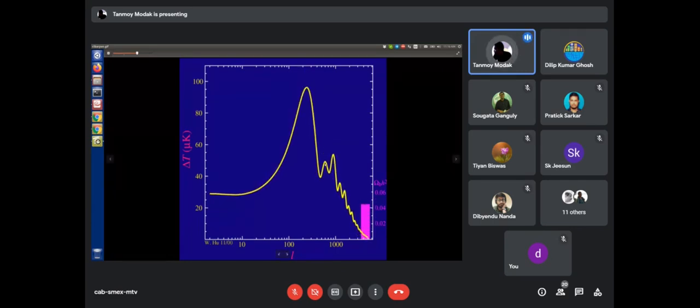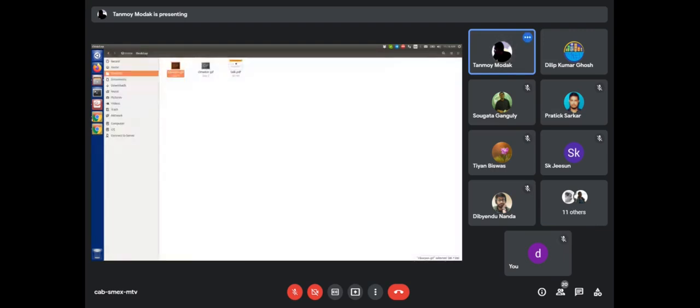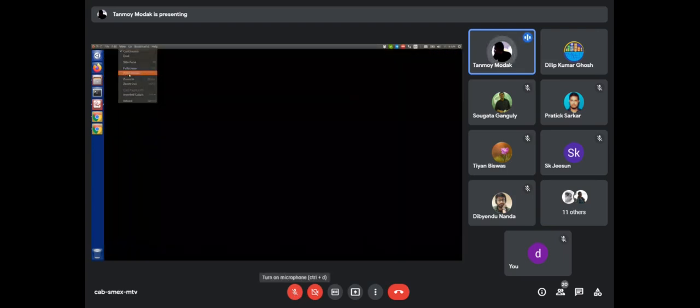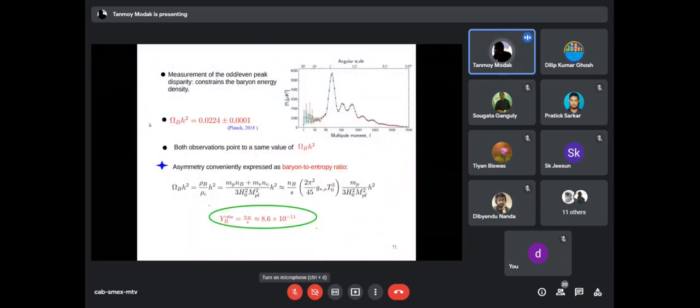But the second peak basically gets reduced, and you can see the relative size. This is larger than the second peak. So from this relative size, this odd-even peak disparity, one can actually infer the baryon number density. And the Planck collaboration actually provided this number, and you can see this number is this one.